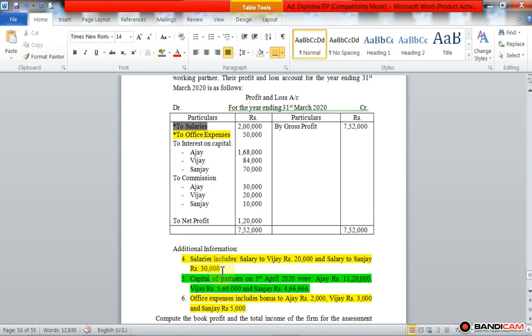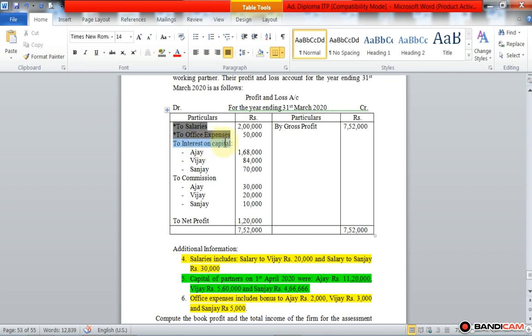This 30,000 and 20,000 is added to net profit, then we get a deduction of remuneration of working partners. Office expenses include bonus, which is also a part of salary. So the bonus amount is added to net profit, then we get a deduction of remuneration of working partners.